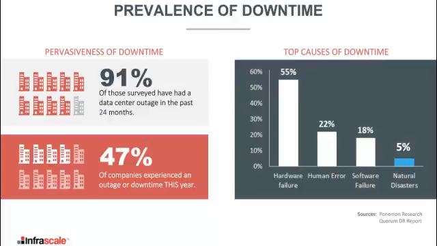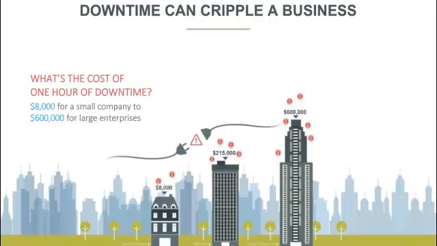And again, on the right, you can see the prevalence of some of the causes I spoke about in the previous slide. Starting off with hardware failures as the one that happens most often, natural disasters being the one that happens least often, but typically causes the most amount of damage. And depending on how big your business is, or that of your clients, the cost of that can be more or less, right?